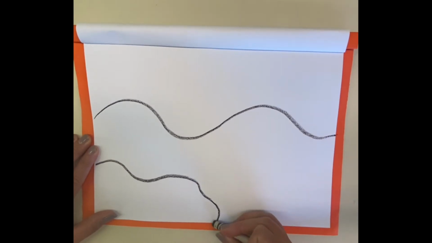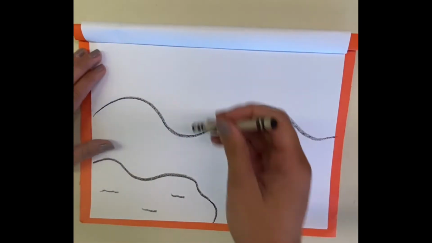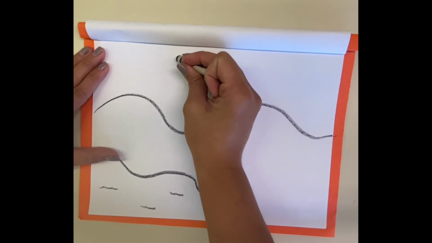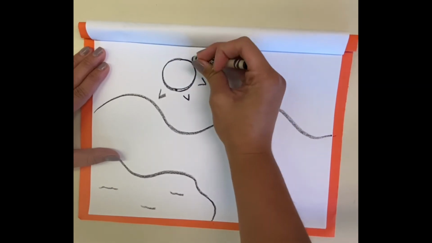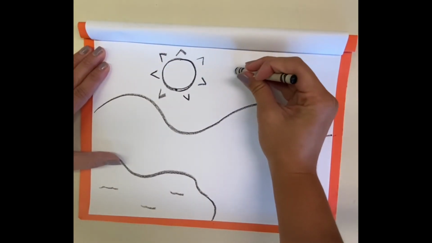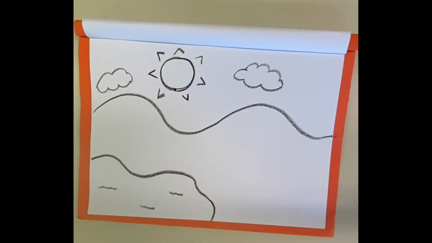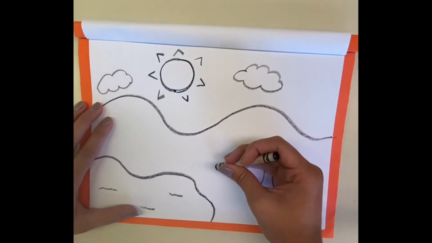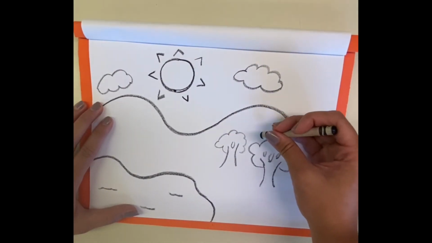Now I'm adding a lake, but I like to imagine that my lake is so big it doesn't even fit fully on my page. Now, I need to think about what time of day it is. I decided it's daytime, so I added a sun in the sky. And since I already added my landform and my body of water, I'm going to start adding some details, like some puffy clouds in the sky and some trees next to the lake.